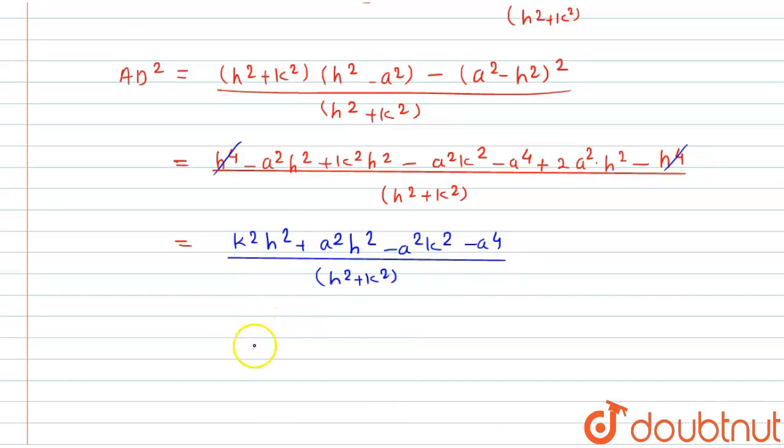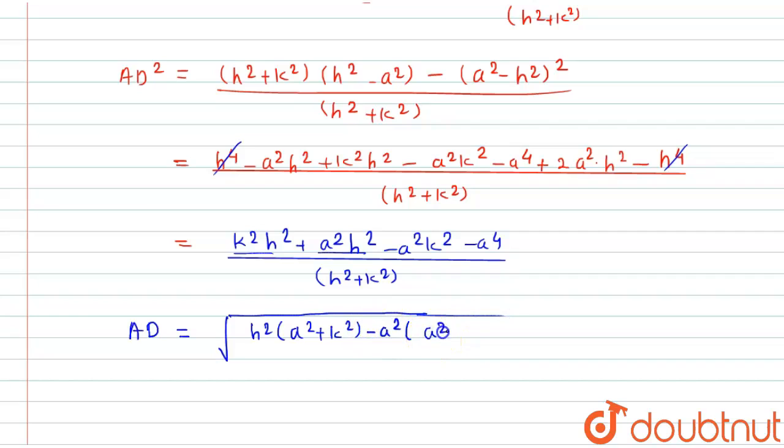Now further simplifying, what do we get? AD equals under root of, if we take h square as common from these two, what remains is a square plus k square. Similarly, if we take minus a square as common, in the bracket it remains a square plus k square, divided by h square plus k square in the denominator.